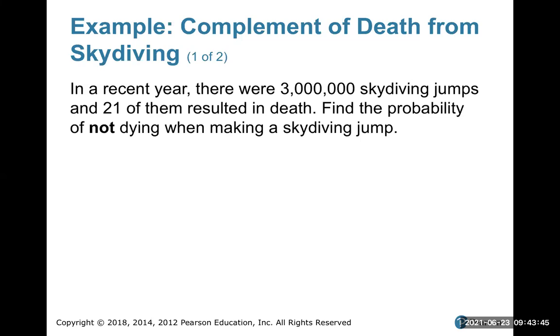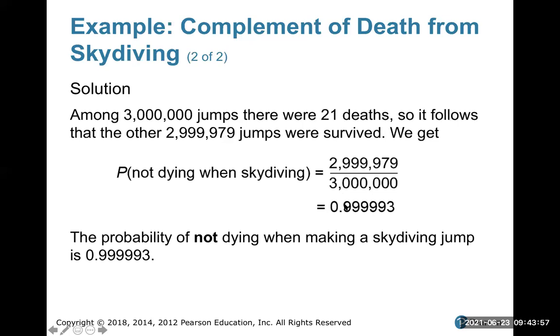Okay, awesome job. So you would say 3 million minus 21 is those who are not dying. And then out of 3 million, it's 0.999993. That's the probability.